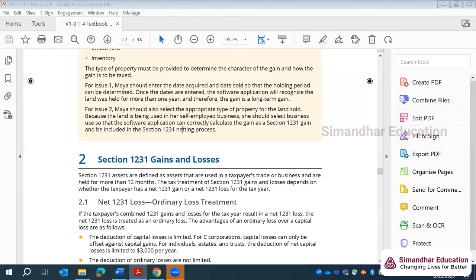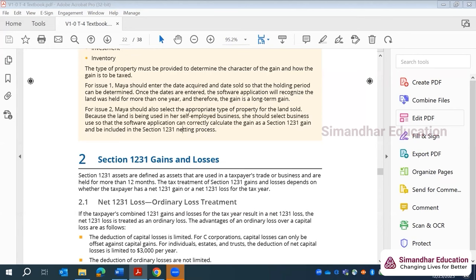Real property is your land, is your building, any structural constructions on a piece of land is treated as real property. Anything other than that is your personal property. So your tools, your furnitures, your fixtures, your machinery, they are all treated as personal property.